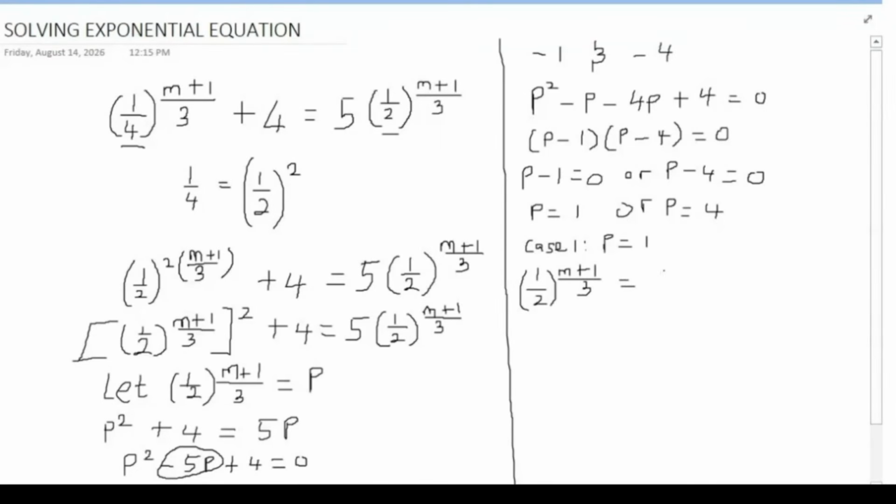equals to 1. But we have a little problem here, because we have 1 over 2 as the base here and 1 here. So from our law of indices, we know anything raised to power 0 is 1, except 0 itself. So any number raised to power 0 is 1. So I can write 1 as 1 over 2 raised to power 0.